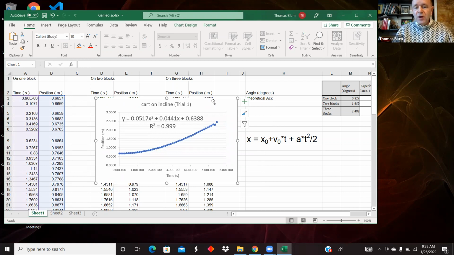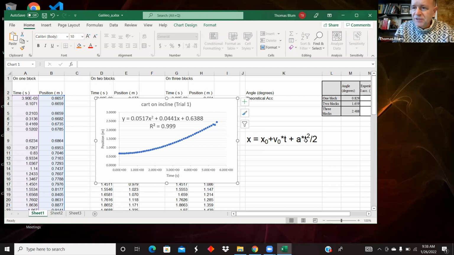And now I want to compare it to this theory and extract the quantity I want, which is going to be acceleration. So this bold equation here is the theory that there's some polynomial in time.